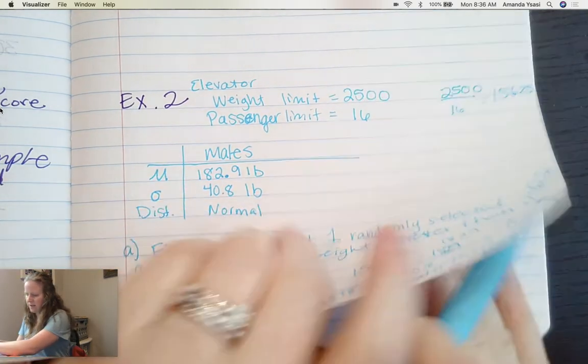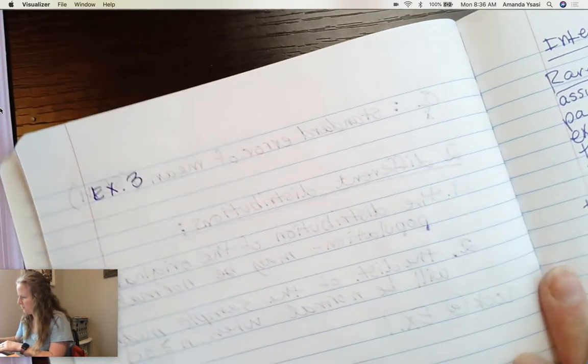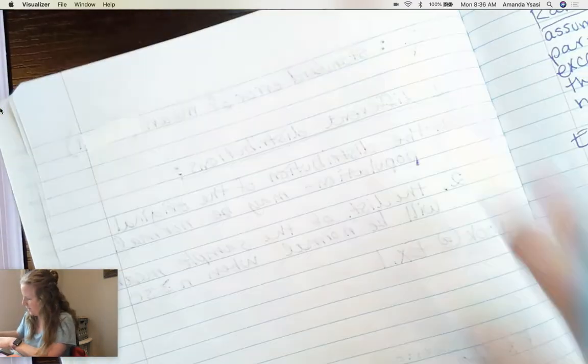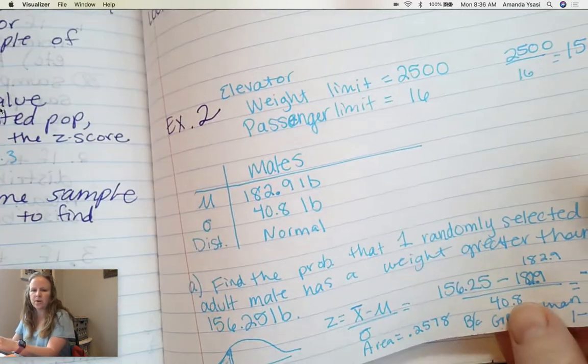Okay, so let's look at, I didn't give myself enough room. We're going to look at part B because that was part A, okay? So we're going to look at part B using the same information.